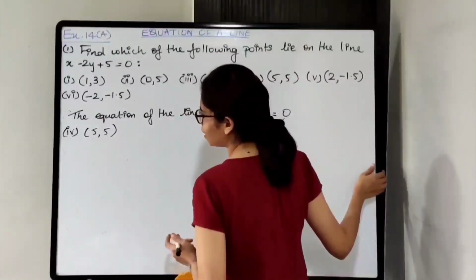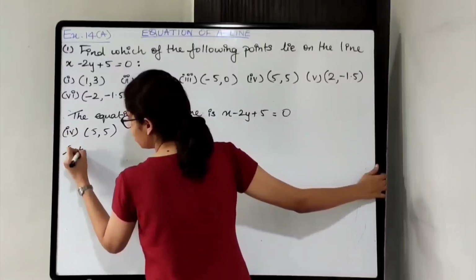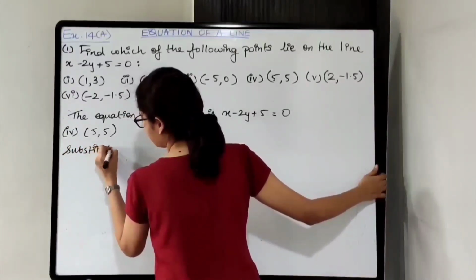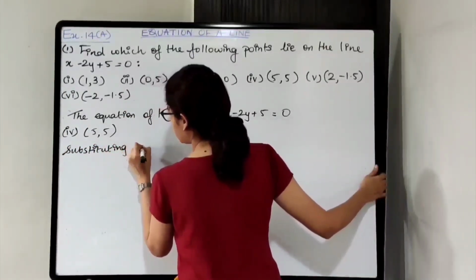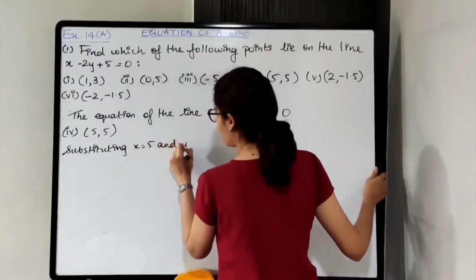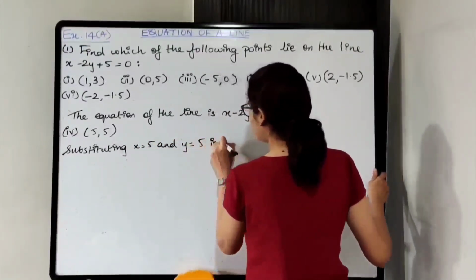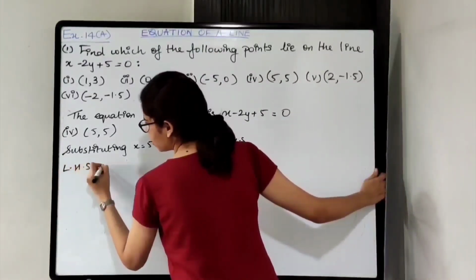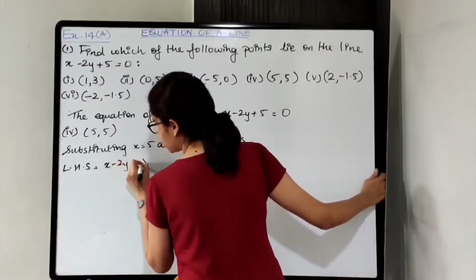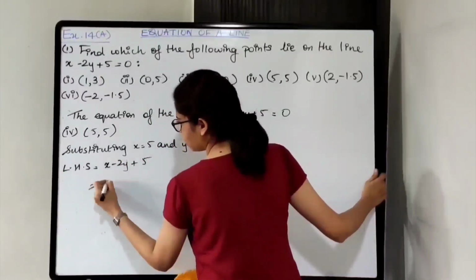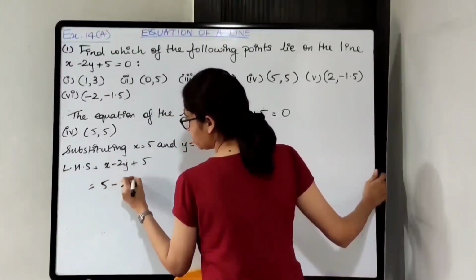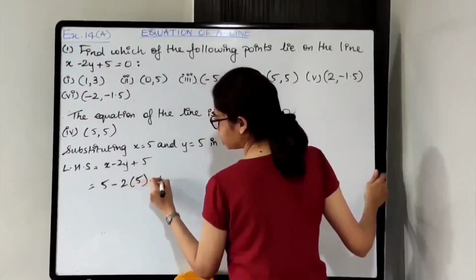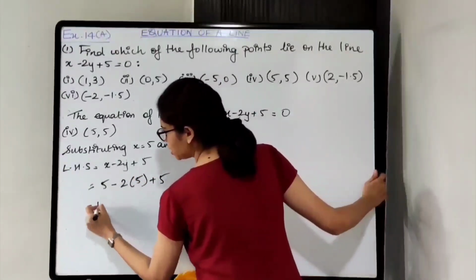5, 5. So substituting x equal to 5 and y equal to 5 in LHS. So what is LHS? LHS is x minus 2y plus 5. X is 5, minus 2 into y which is 5, plus 5. 5 plus 5 will be 10.